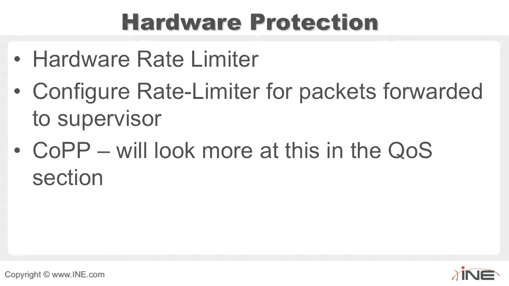We'll take a look at the default control plane policer, or set of access control entries and ACLs that are configured. Actually, I shouldn't say ACLs, but really the MQC structure that's set up in the Nexus 7000 by default, and we can see how to apply that to the system. We'll take a look at that in the QoS section.